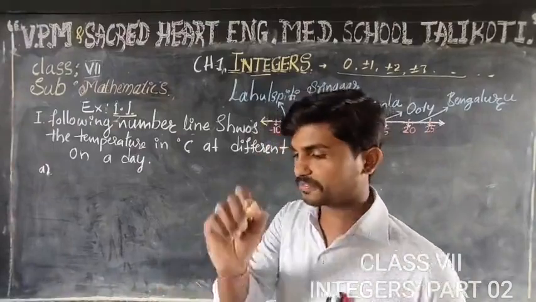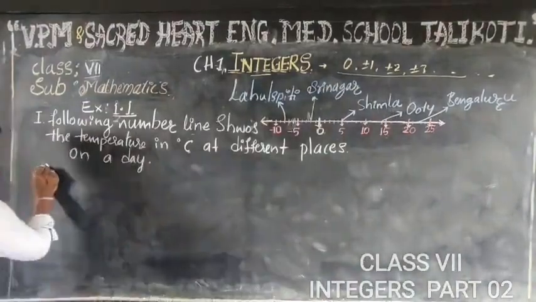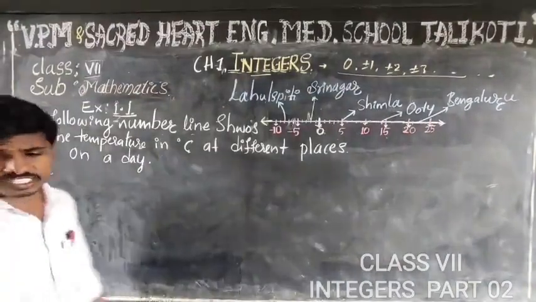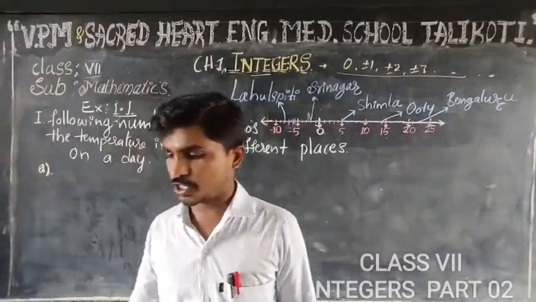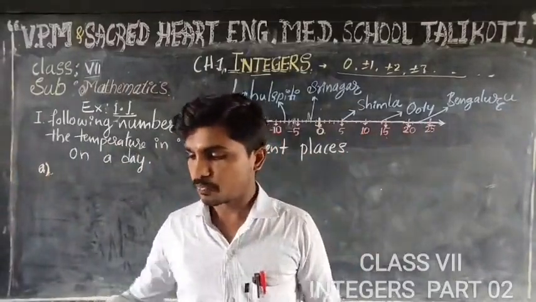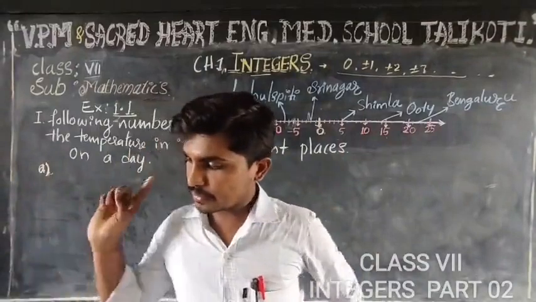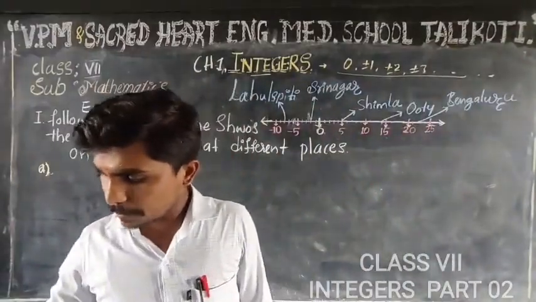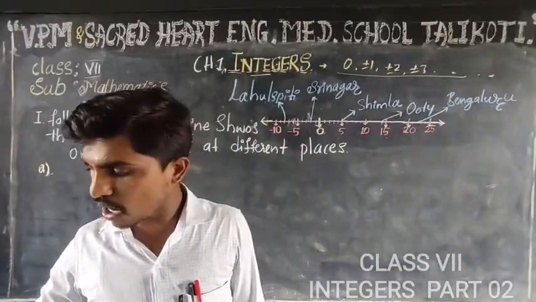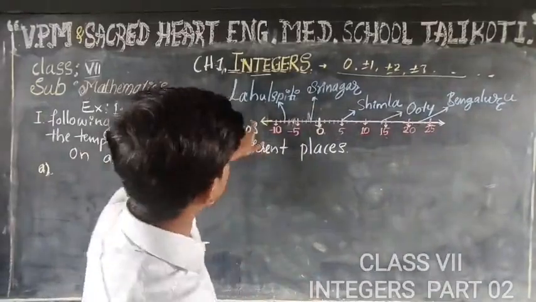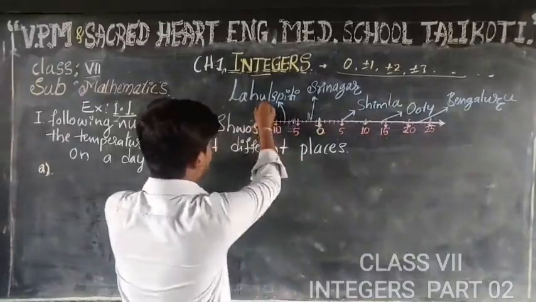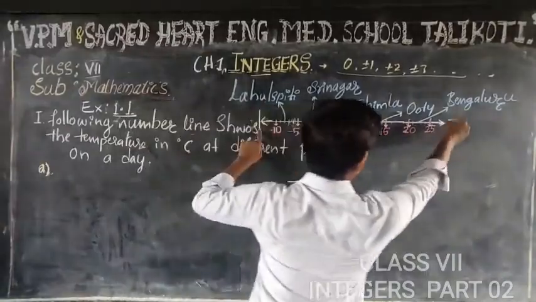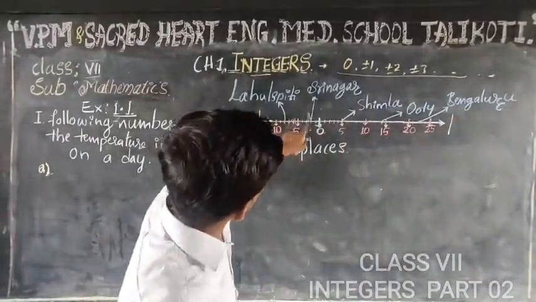Let us move on to the first sub question, question number A. I will read the question. Observe this number line and write the temperature of the places marked on it. On this number line, different places' temperatures in degrees Celsius are marked.